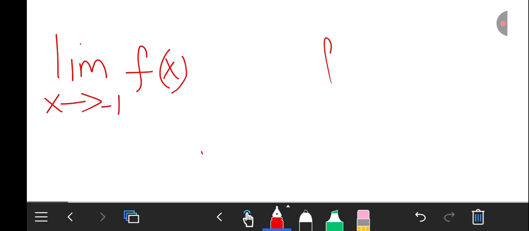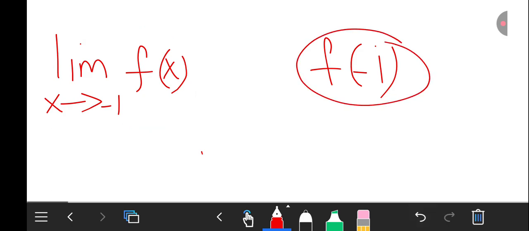Then we also determine what is f of x, f of -1 in short. What will be f of -1? Then we are going now to compare if this limit of f of x will be equal to f of -1. If they will be equal, we are going to say this is a continuous function. So let's determine what is f of x.